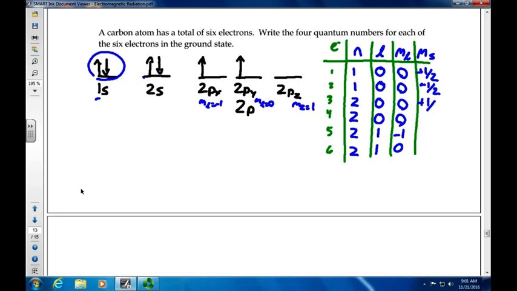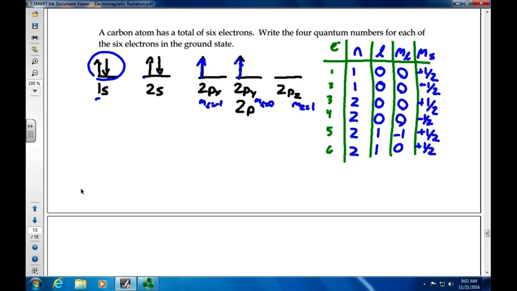So plus 1/2, minus 1/2. Now, note in the 2p, both arrows are going up. We're going to call up as plus 1/2. So in both of these instances, these last two, we've got plus 1/2.